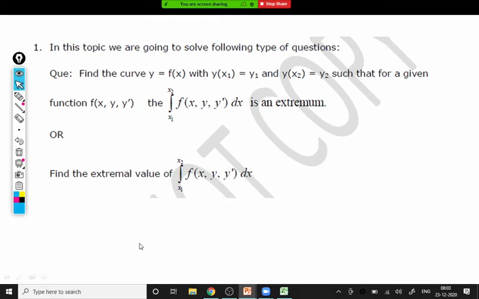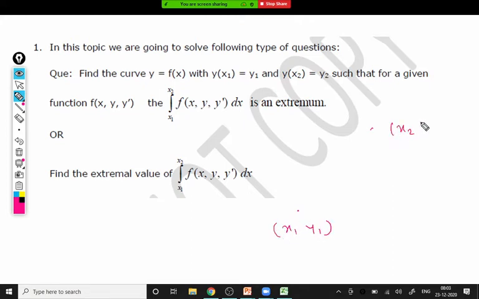Just a minute. So in this topic mainly we are going to solve problems of the type y equal to f(x). Our aim throughout this topic is to find the curve y equal to f(x) which passes through two points, say (x1, y1) and (x2, y2).